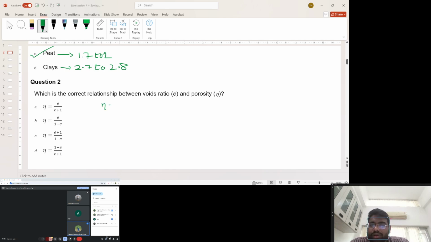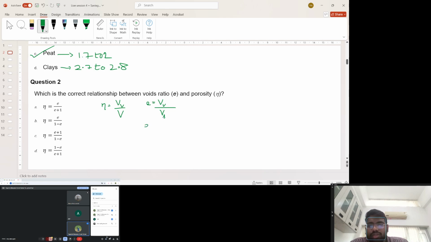Porosity is defined as volume of voids by total volume, right? And e is defined as volume of voids by volume of solids, right?